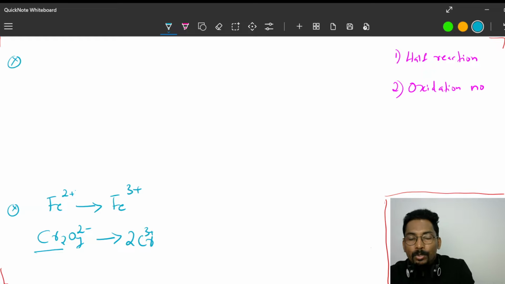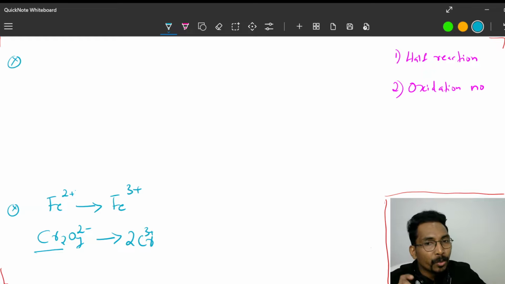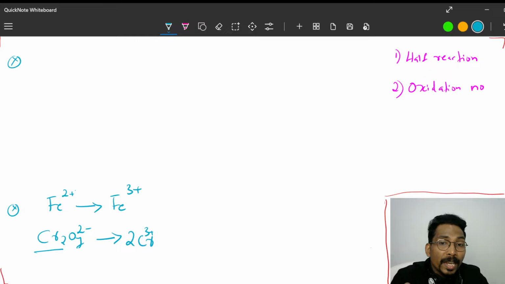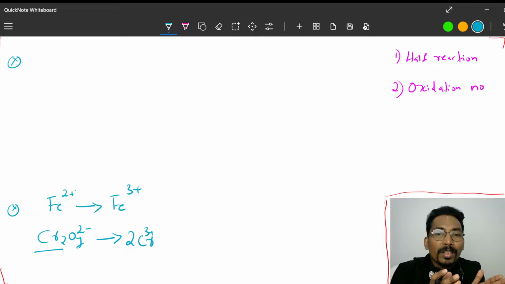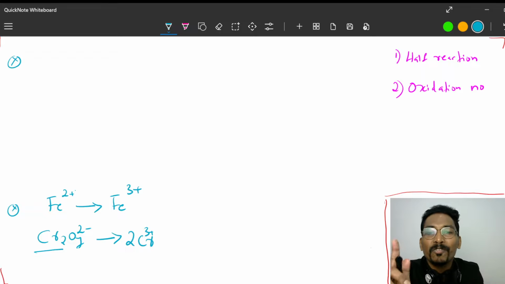Can you please tell me, Fe2+ to Fe3+, +2 to +3. How many differences are there? One unit, right? Oxidation means losing electrons. So +2 to +3 means how many electrons are lost? One electron lost. Fe2+ becomes Fe3+ by losing one electron.